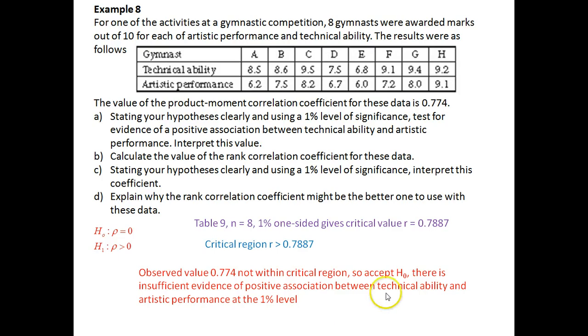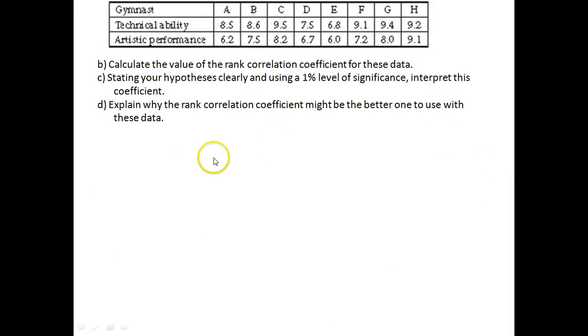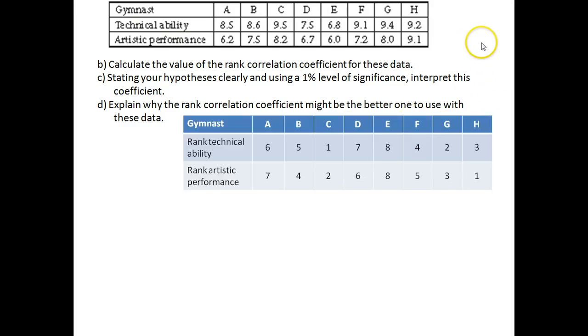Part B, calculate the value of the rank correlation coefficient for these data, and stating your hypothesis clearly and using a 1% level of significance, interpret this coefficient and then explain why the rank correlation coefficient might be a better one to use with these data. So we are now going to rank them.